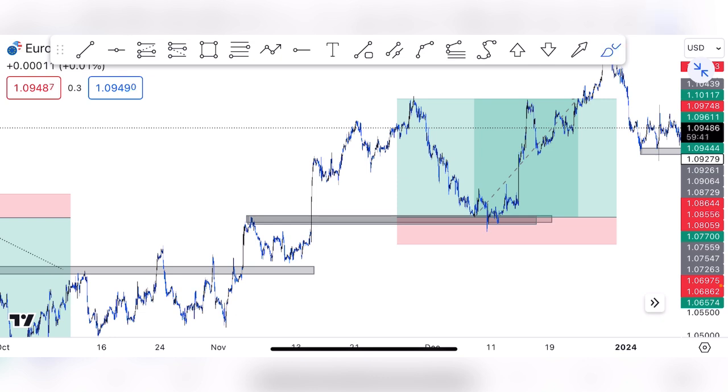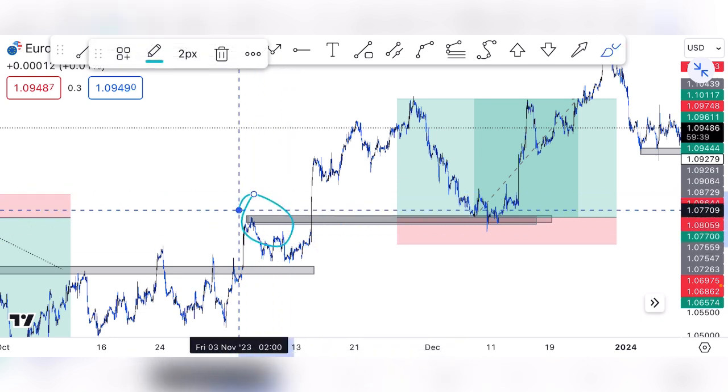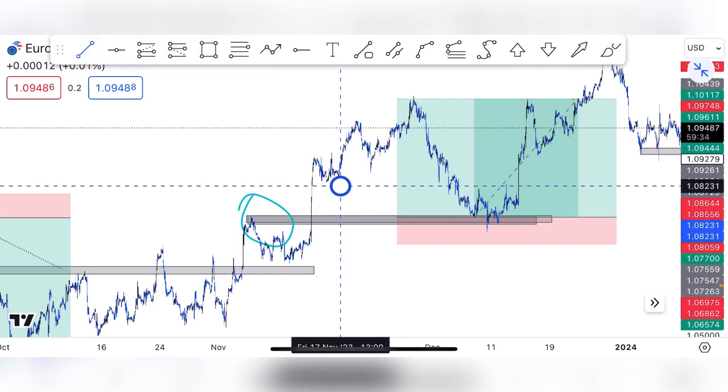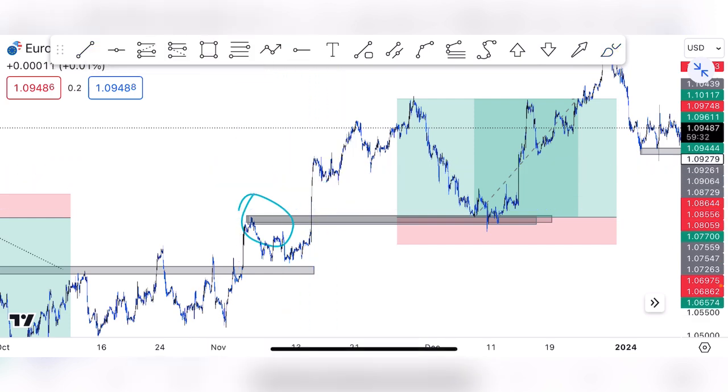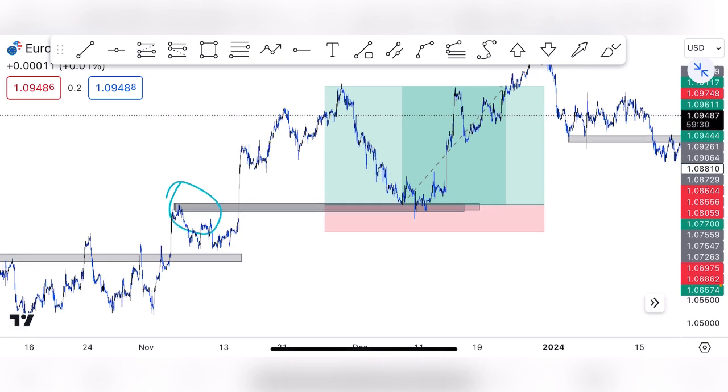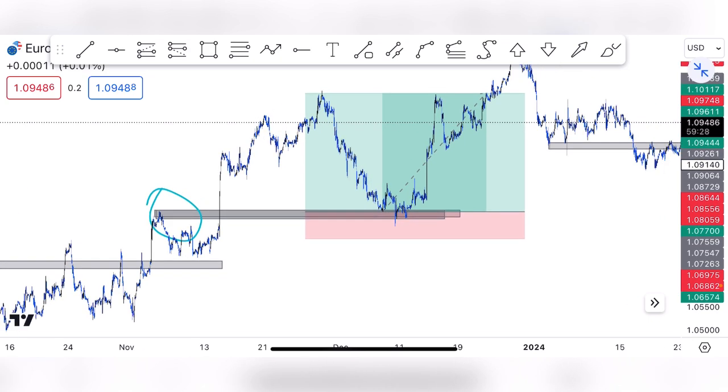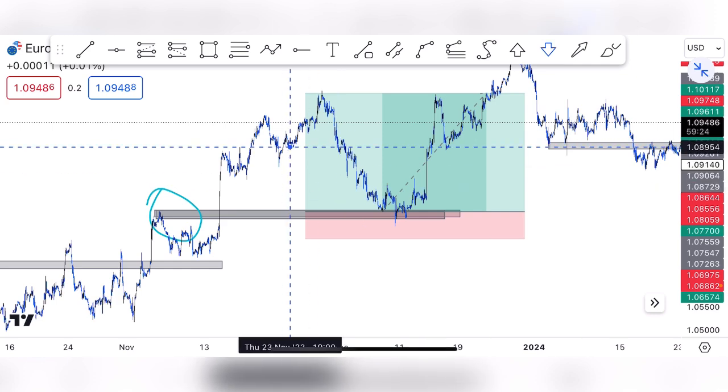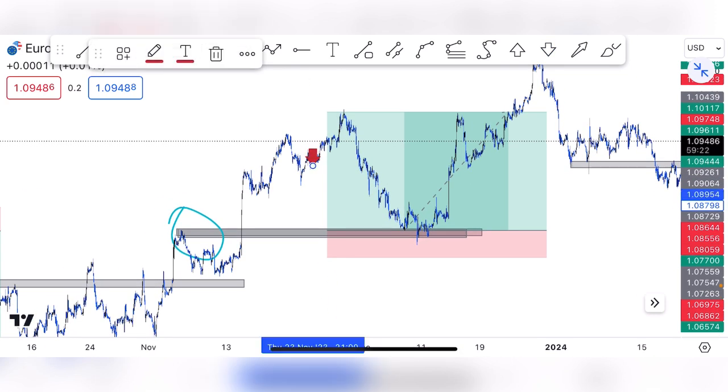So this was the highest point. That was the highest point. And then it got broken, and then came back all the way to retest it.